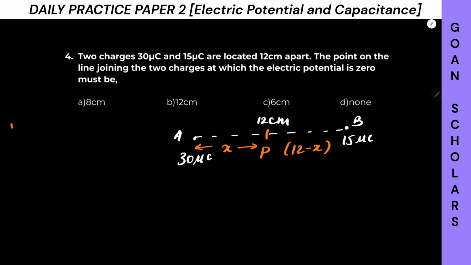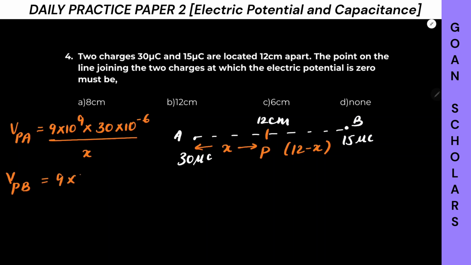Correct? Potential at P due to A in this case will be K, charge on A 30 micro, in case you don't know micro, 10 to the power minus 6, upon separation x. Potential VPB will be K, and be very careful, you have to take the sign. So here it is 15 only, so 15 into 10 to the power minus 6 whole divided by separation 12 minus x. Correct? Now VPA plus VPB, that will be how much? 0.